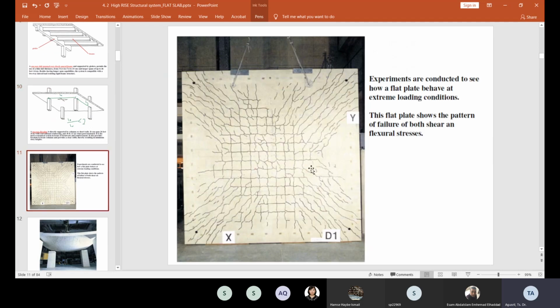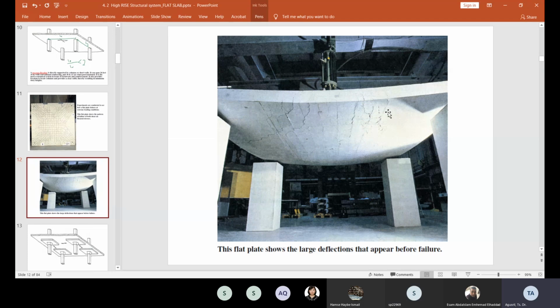Okay, and then this one is the typical failure of the flat slab. In this experiment, this is actually the top view. The side view you can see in the next slide. This slab is supported by rubber, so consider all of them rollers. Then a point load is put at the middle of the flat slab, so you can see the deflection and also the crack pattern.